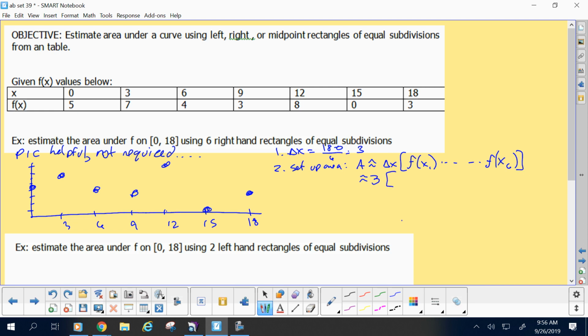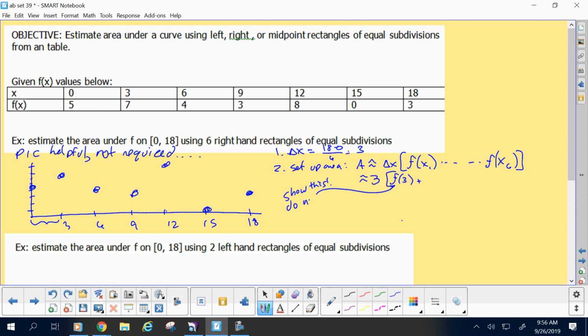Now here's where right hand, left hand matters. If we're using right-hand rectangles, then in our first subinterval from 0 to 3, we use 3. So the first height will be f at 3. Would you write yourself a note, please? Show this.